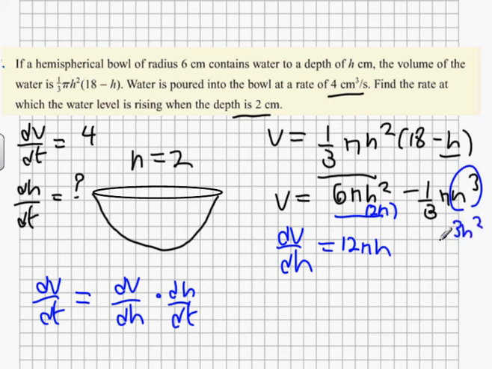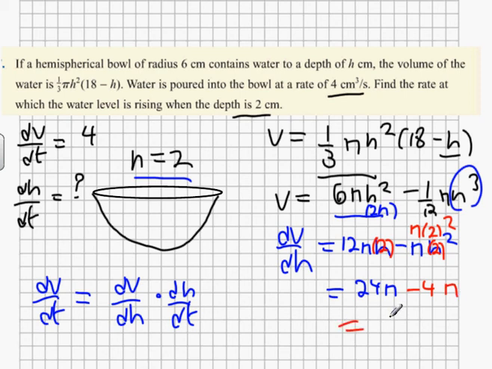Differentiate h cubed, we get 3h squared. 3h squared multiplied by minus a third pi, the 3's cancel, and you get minus pi h squared. We're told that h equals 2, so it's going to be 24 pi because we're replacing all h's with 2's, and then minus 4 pi because pi times 2 squared. And then we get 20 pi.